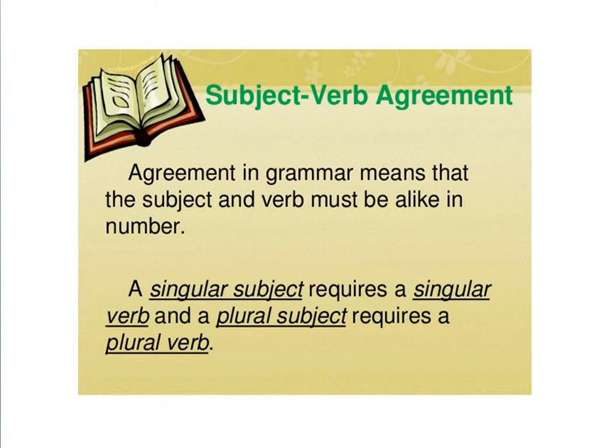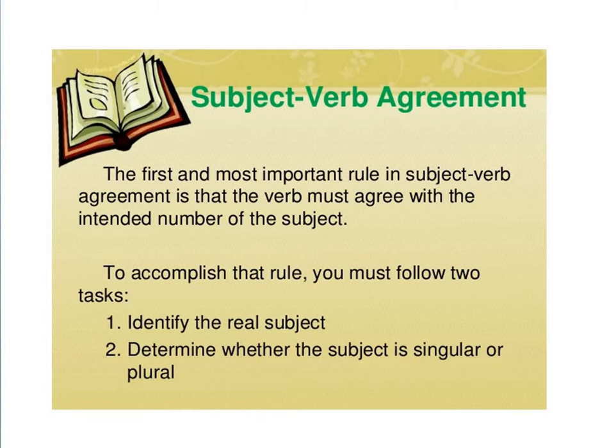So let's take an example. The first and most important rule in subject-verb agreement is that the verb must agree with the intended number of the subject. To accomplish that rule, you must follow two tasks: identify the real subject, and determine whether the subject is singular or plural.